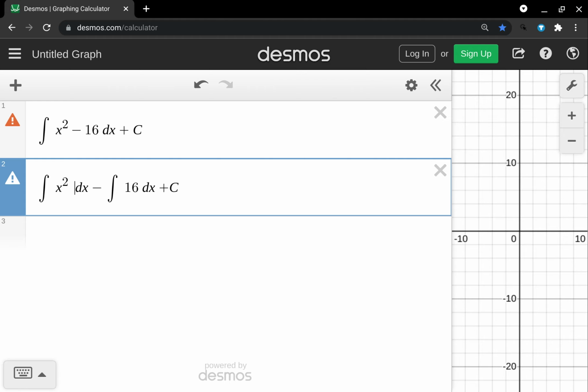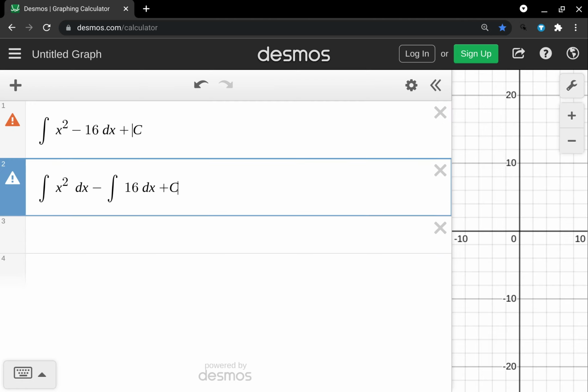Technically we can also write a plus c in front of this one, but it doesn't matter since c represents every possible constant, including itself times 2, itself times 3, any constant there is. As long as it's real, c can equal that.